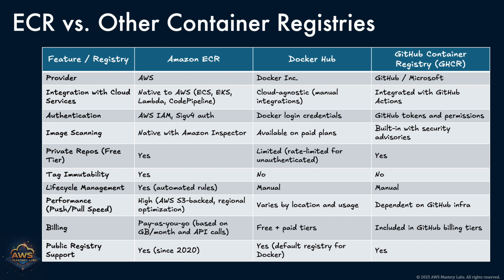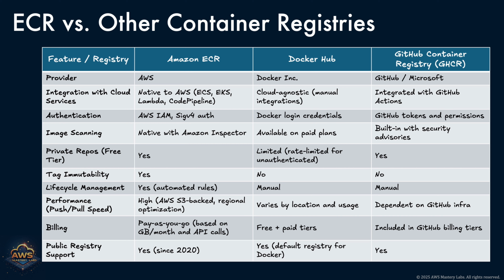This native integration streamlines authentication, orchestration, and automated deployments. In contrast, Docker Hub and GHCR are more cloud-agnostic, often requiring custom scripts or third-party tools for integration into cloud platforms. Each registry service implements its own authentication mechanism, tailored to its architecture.